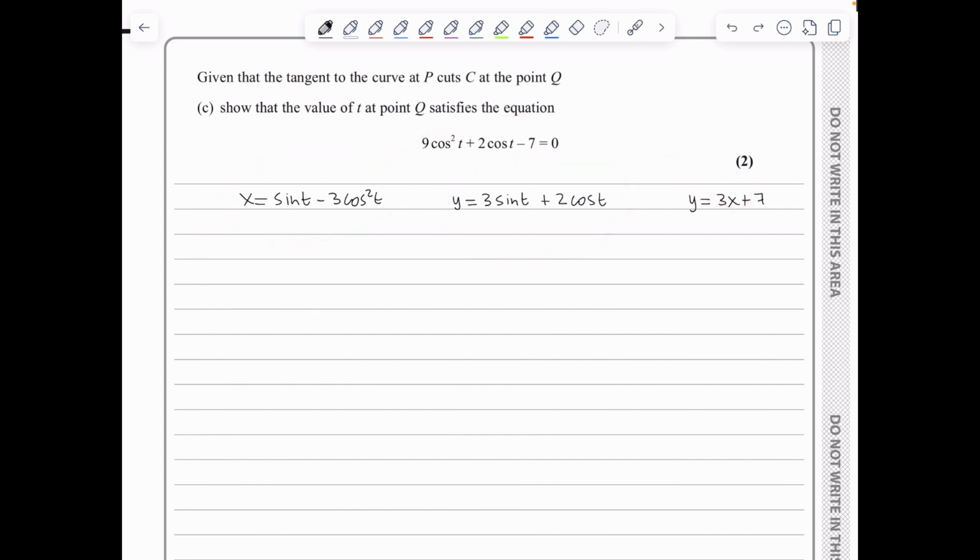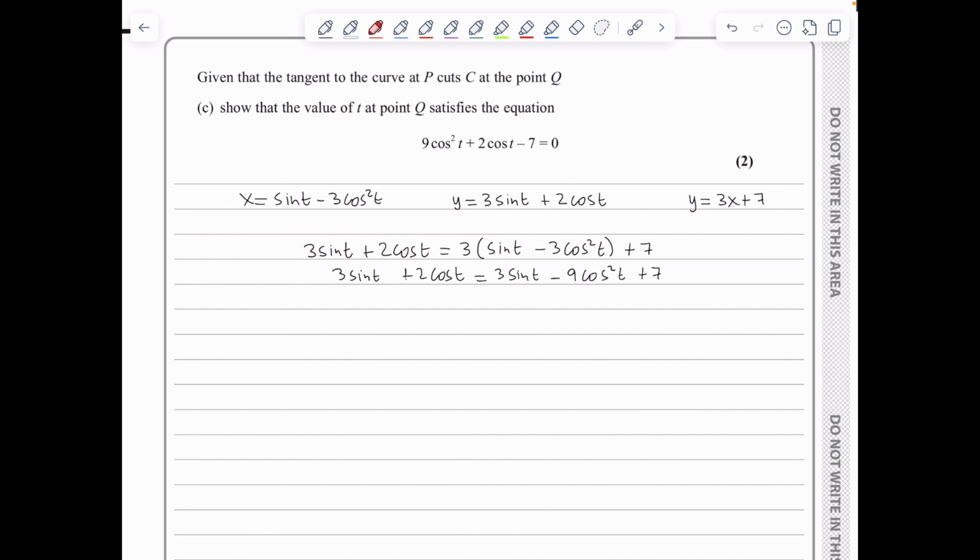So in the place of y, I'll be substituting 3 sine t plus 2 cos t, which is equal to 3 times x, so 3 times sine t minus 3 cos squared t, close brackets, plus 7. Well, let's expand to get 3 sine t plus 2 cos t is equal to 3 sine t minus 9 cos squared t plus 7.